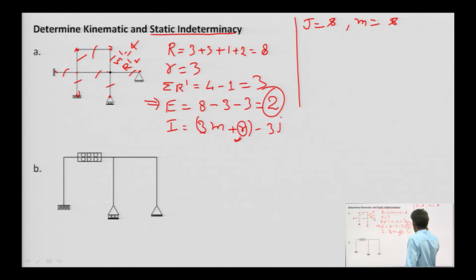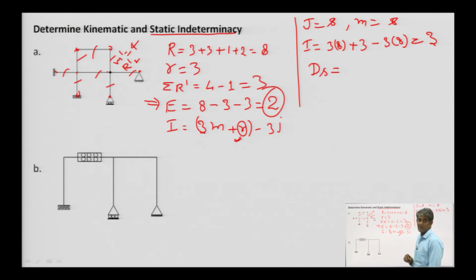Internal indeterminacy: 3m is 3 times 8, plus 3, minus 3j, which means 3 times 8. So it is 3. Total Ds comes to 2 plus 3, which is equal to 5.